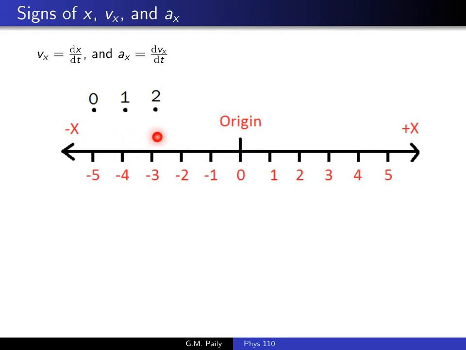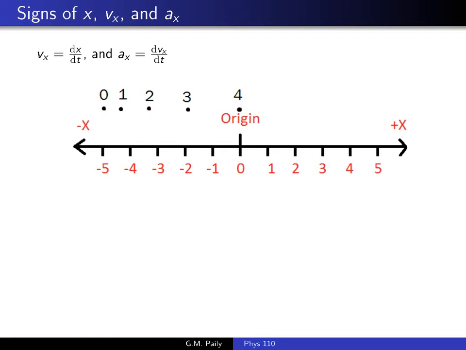Since the change in position is positive, that means the velocity x component, vx, is positive, or the velocity arrow points to the right, which is the direction of the positive x-axis. What about acceleration? Well, we see that the spacing stays fairly constant, and so the velocity must be staying fairly constant, which means the acceleration is 0.